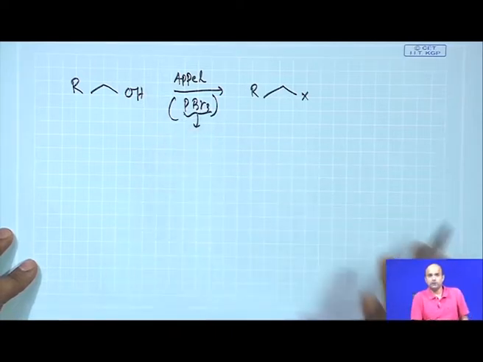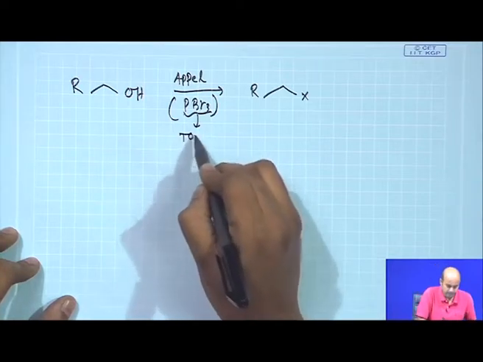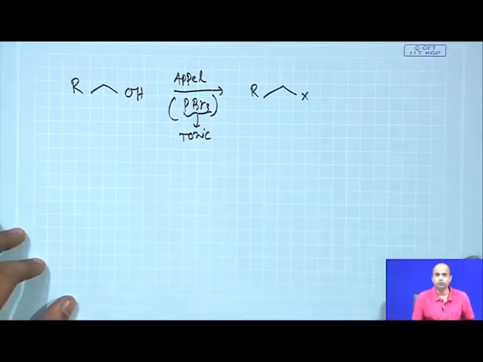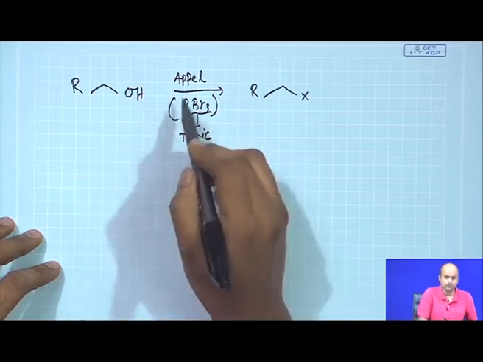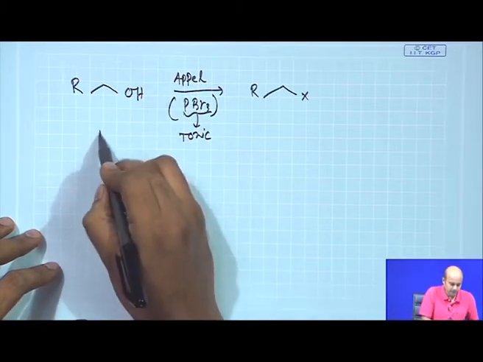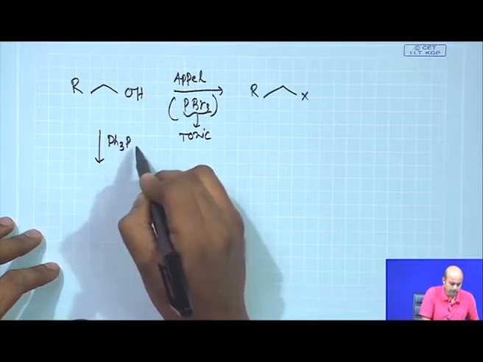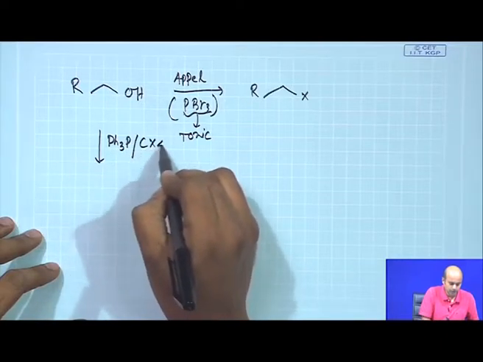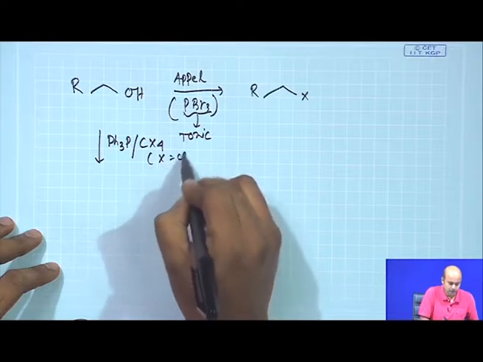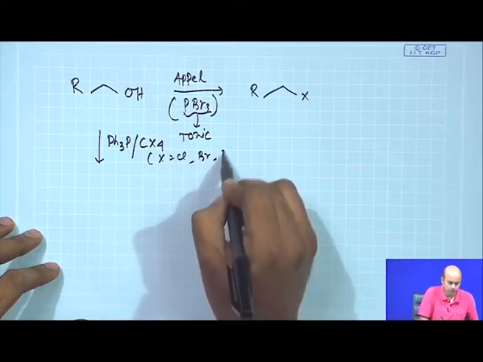Those are very toxic chemicals. So, do you have a mild version? The answer is yes, you can do it by the Appel reaction. Now, what is the reagent condition? They use triphenyl phosphine and a corresponding CX4, where X stands for chloro, bromo or iodo.